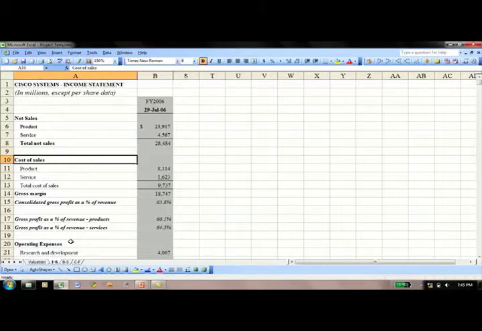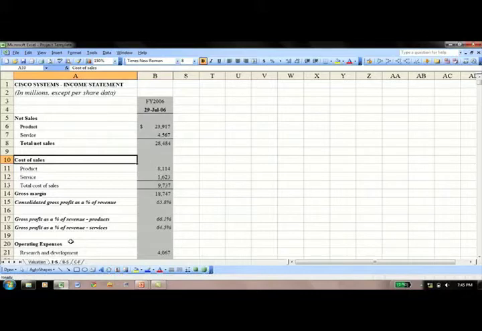Next, we go on to what's called the cost of sales. Now, the cost of sales, again, is divided systematically category by category. So Cisco has cost of sales for product and cost of sales for service. Just to give you a sense of what this cost of sales is, Cisco has a certain manufacturing cost associated with the products that it makes.